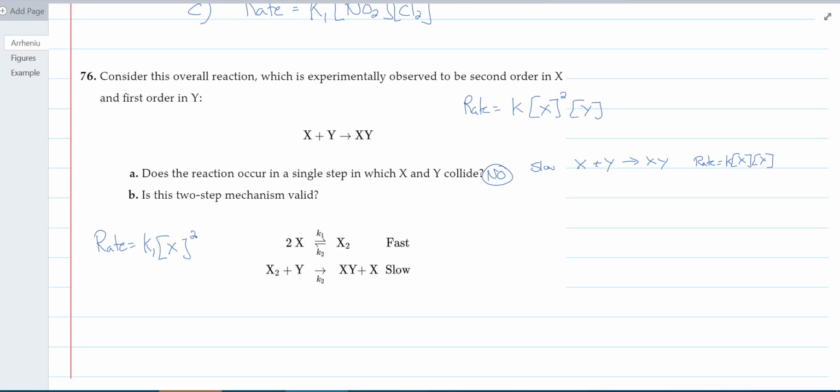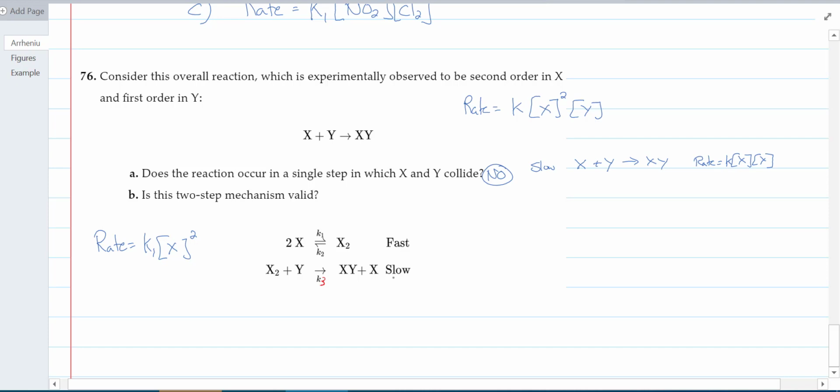Also, I think there's a typo here. Let's call this K2. So we're going to call this K3. So we got K1, K2, K3. That'll work out better.